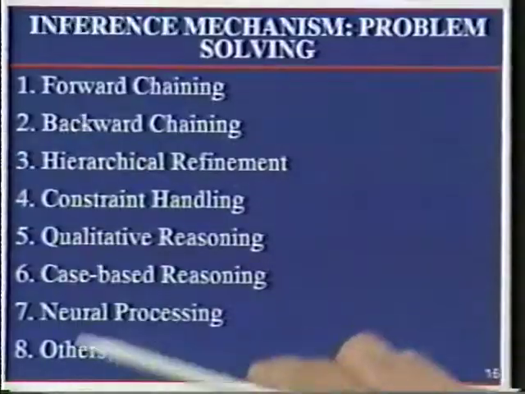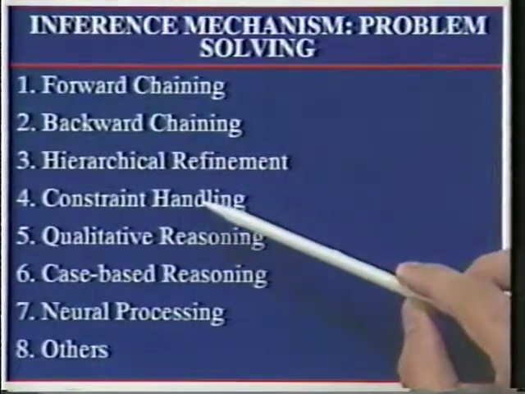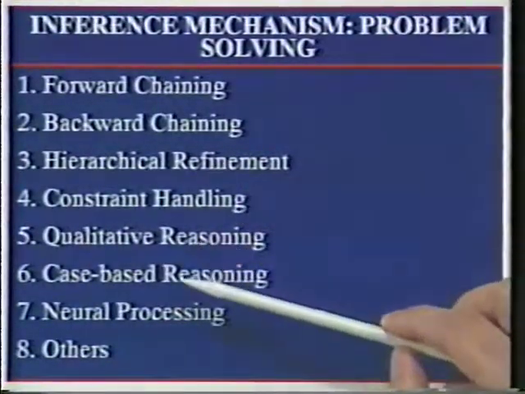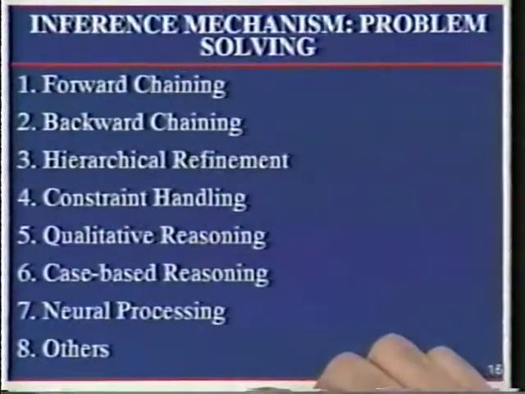So we have objects have behavior, and the behavior can be encoded as a knowledge based expert system. In the knowledge based expert system, we can encode rules like this, and in addition to that, we can also add several inference mechanisms such as forward chaining, backward chaining, hierarchical refinement, constraint handling, qualitative reasoning, case based reasoning, neural processing, and a host of other things.